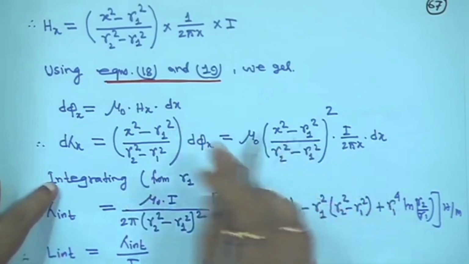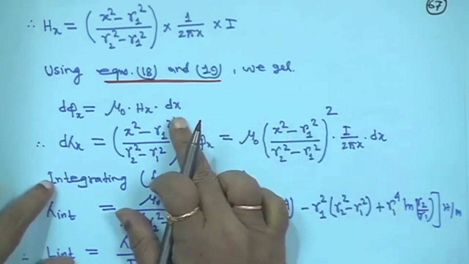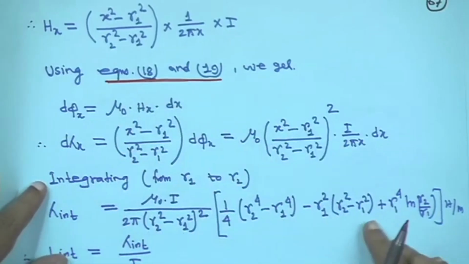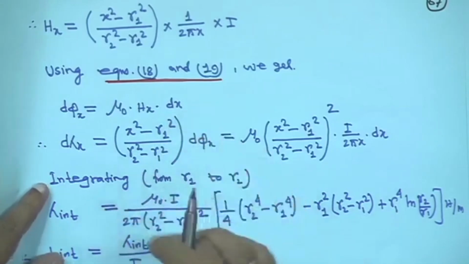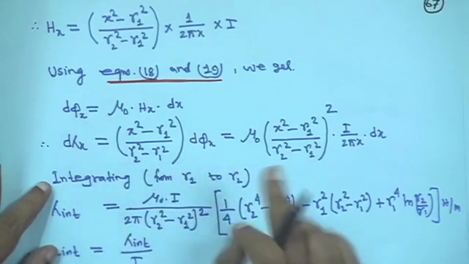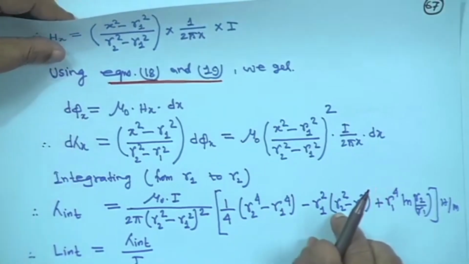Actually, I should have written dx into 1, since that length is 1 we have taken, but you have gone through all these things, so no need. So, Hx into dx, multiplied by 1. Therefore, d lambda x is equal to that fractional turns ratio we have said.